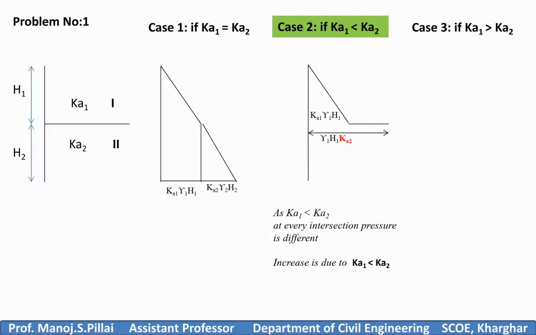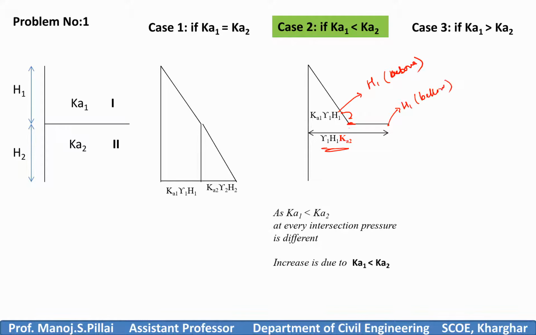Now it is like how much increase is given by the upper layer. This value, at this point, we call at H1 the above value. This value which we get on the lower side, we will call it at H1 the below value.